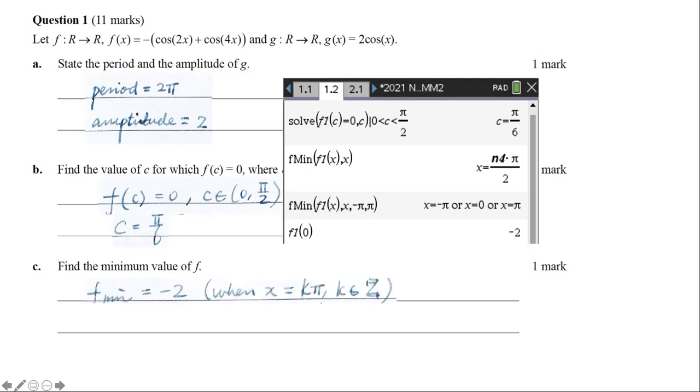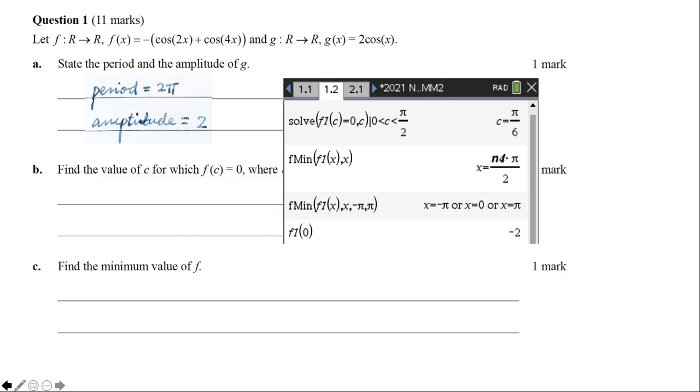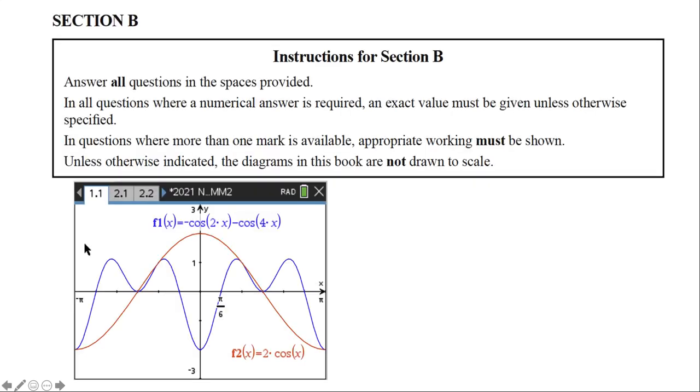And then we find the minimum value of f. This is done by using fmin command on your CAS calculator. Here, I just chose an appropriate domain, for example, -pi to pi. And from previous slide, you can observe this is the lowest point with y value -2, okay?